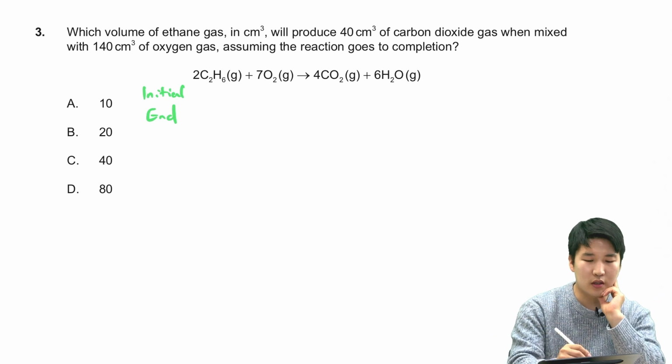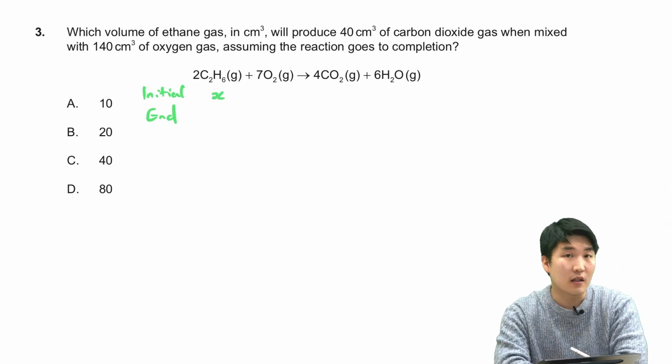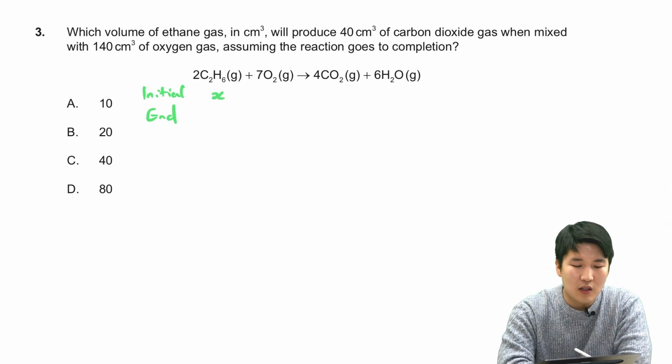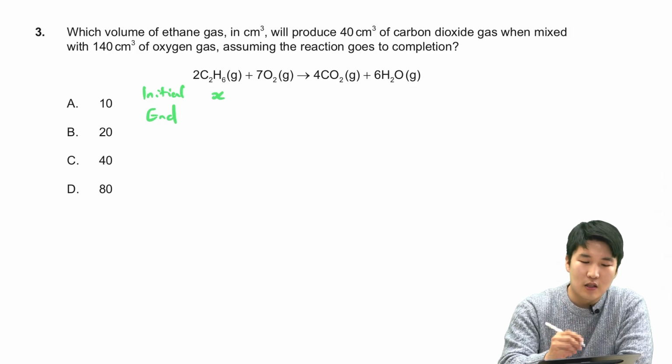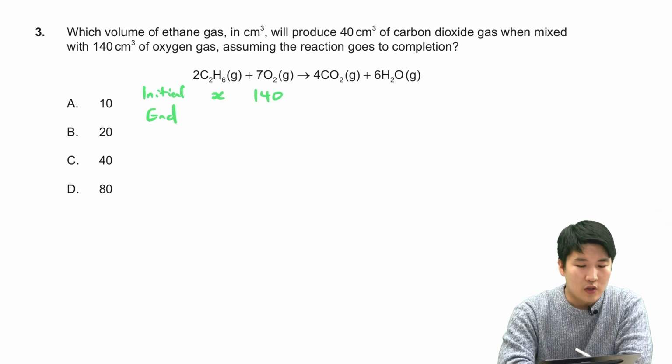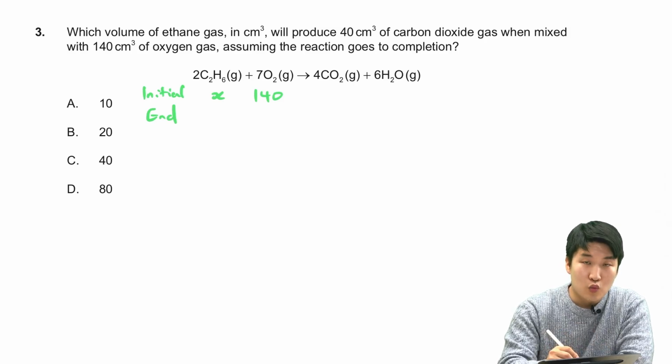We don't know what it is for ethane, so we'll put the volume of ethane used as x, but we do know what it is for oxygen. And at the initial, we also know the volume of carbon dioxide present will be 0.